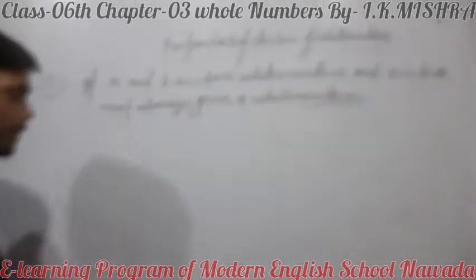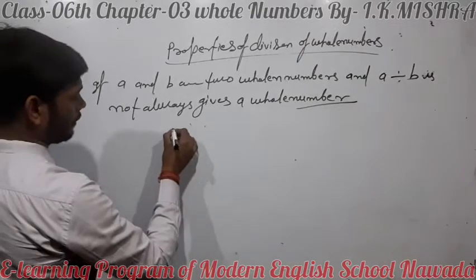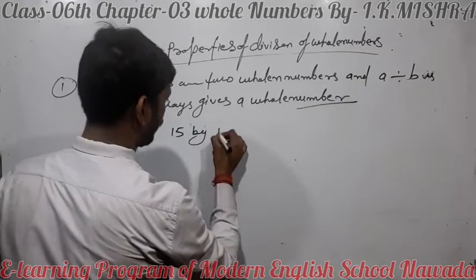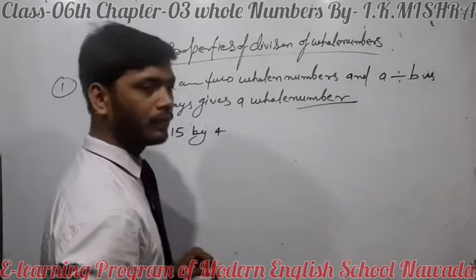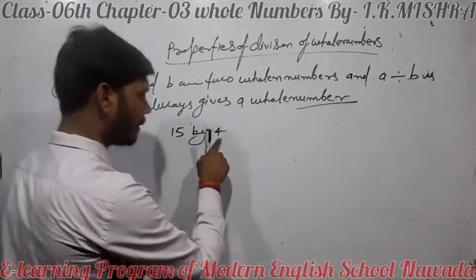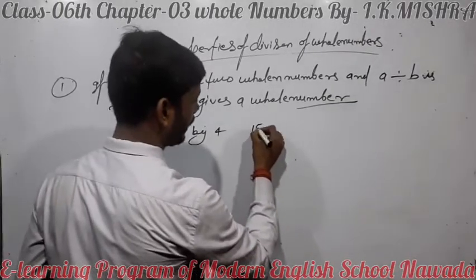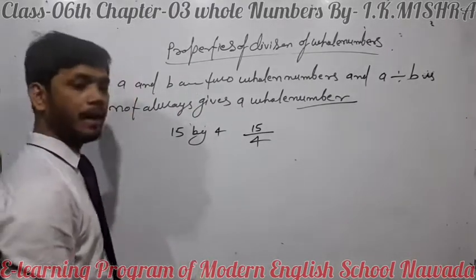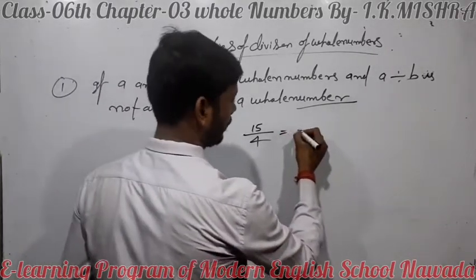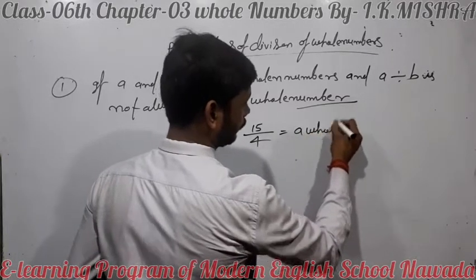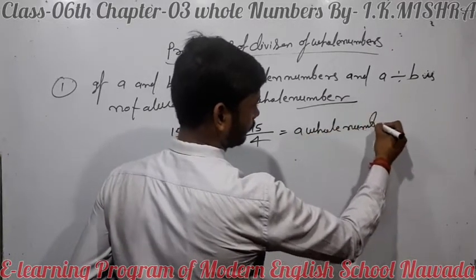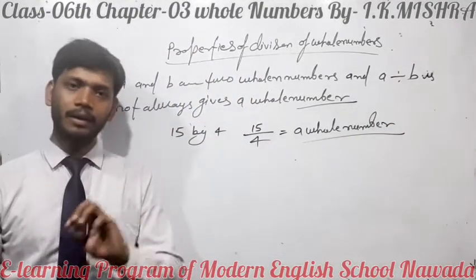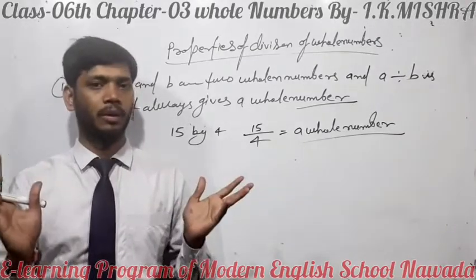That means, suppose you divide 15 by 4, it is also written as a fraction, and you do not get a whole number. That means when you divide any whole number by another, you do not always get a whole number.